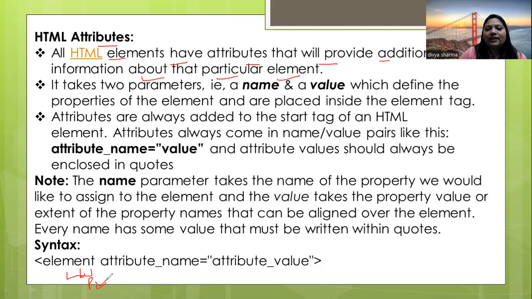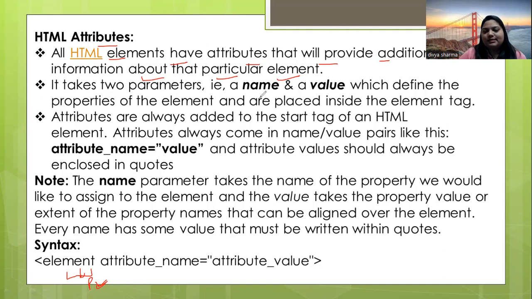Suppose for the paragraph content you want to give the font size, a font family like Times New Roman or Arial, and you can also provide the color. These all are attributes. So any HTML element can have attributes that provide its additional information.